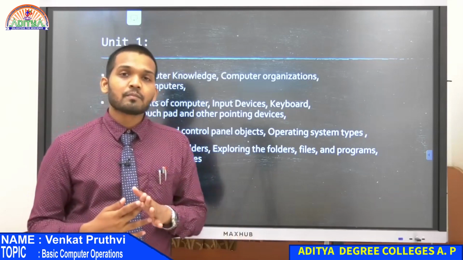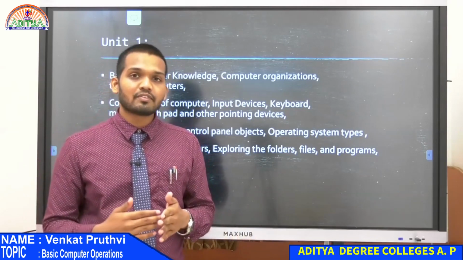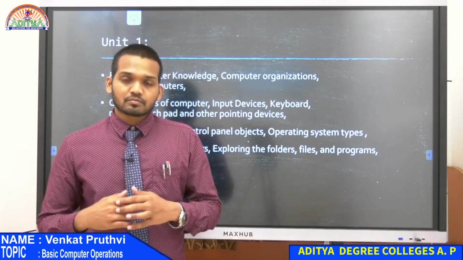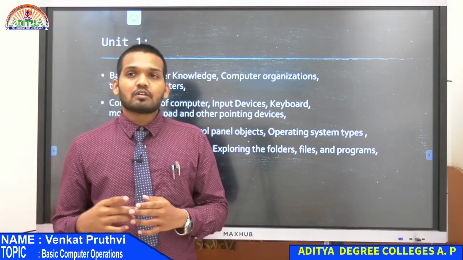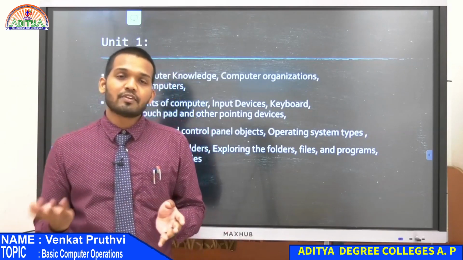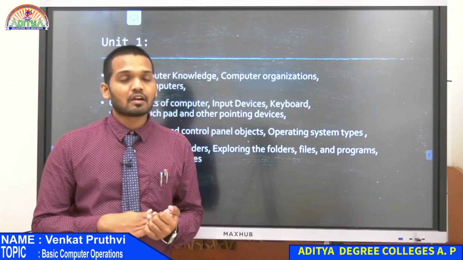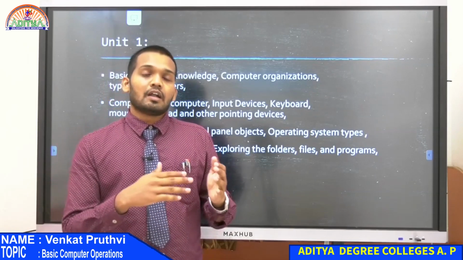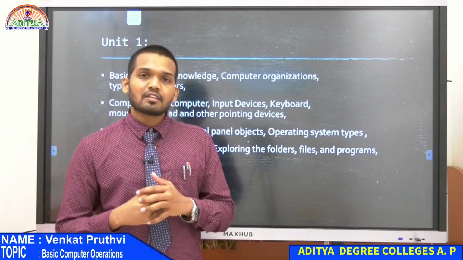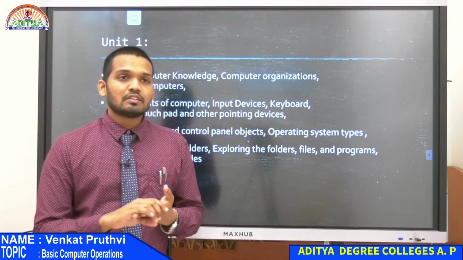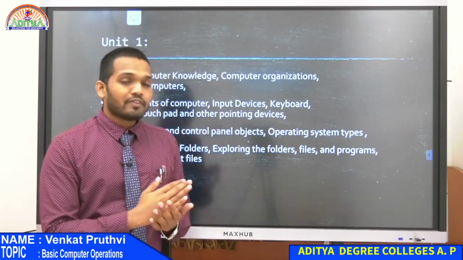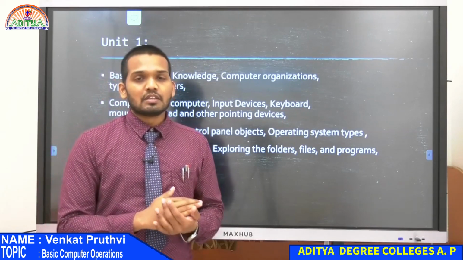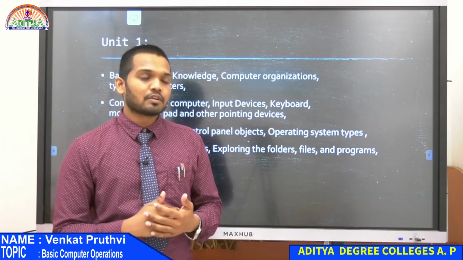From then onwards until the 1940s, we started to develop electronic computers, or a combination of electrical and mechanical computers. But until that point, we didn't have any other input devices. So only these punch cards were the sole way of inputting data to the computer.